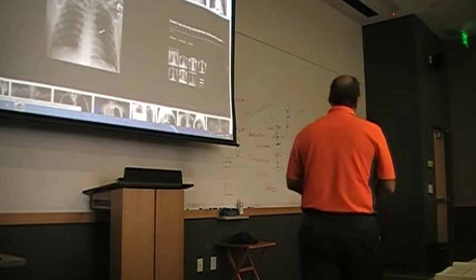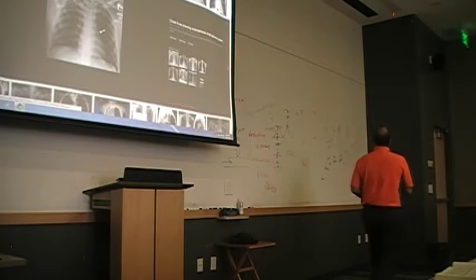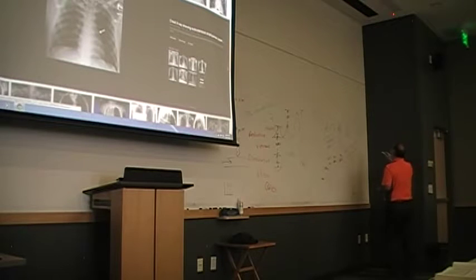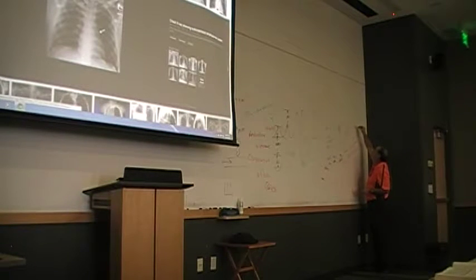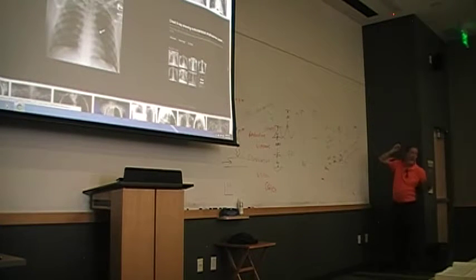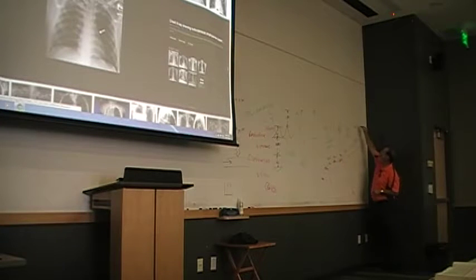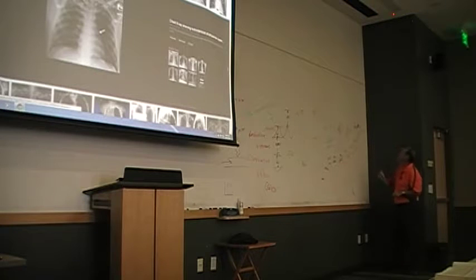There's another good ratio, and I tried to illustrate it with Armando. If he blows 1 liter out in 1 second, and then his total lung capacity, FEV1 to FVC, that's a ratio.